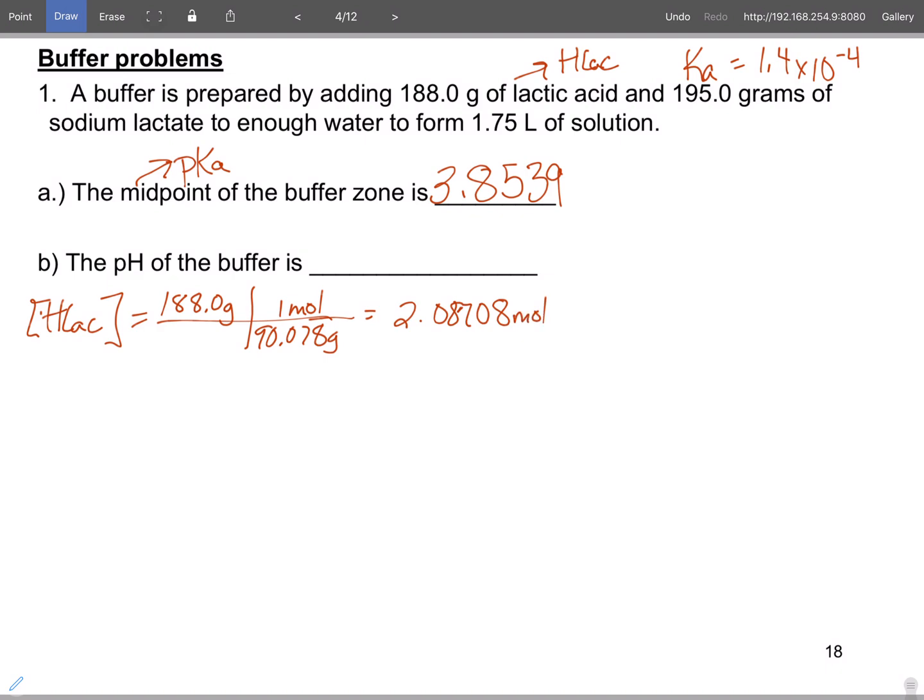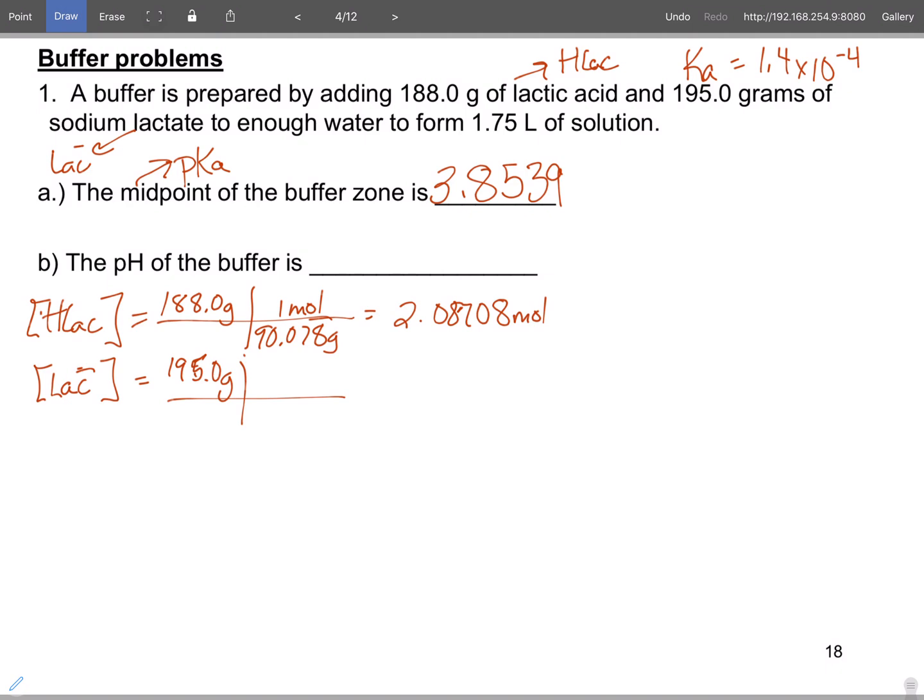Now, we're looking for the molarity, but hold on a minute. We'll get to that in just a second. So the lactic acid comes from the salt. So we're going to call that lac minus. So that's equal to 195 grams. And remember, it's the sodium salt.